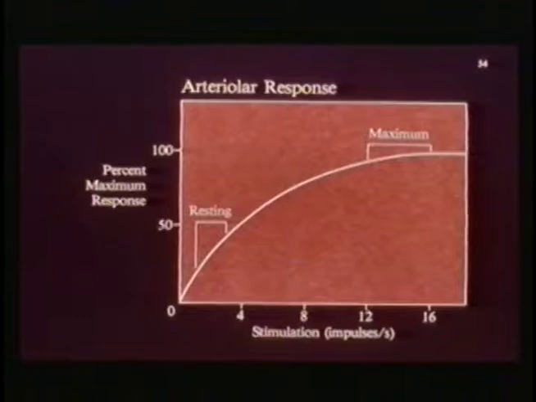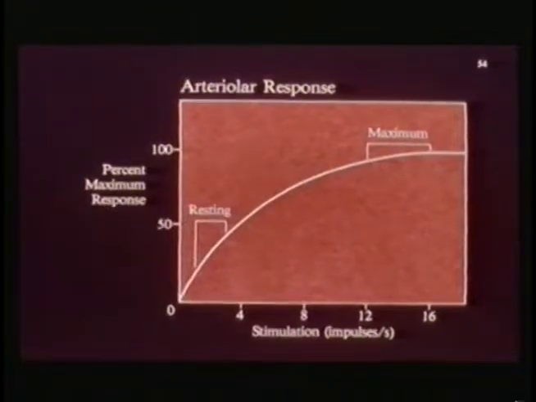54. The magnitude of the vascular response is related to the intensity of stimulation. Here, the percent of the maximum attainable response is plotted against the stimulation frequency. Under resting conditions, there is a steady discharge over the sympathetic nerves at a rate of 1 to 3 impulses per second.